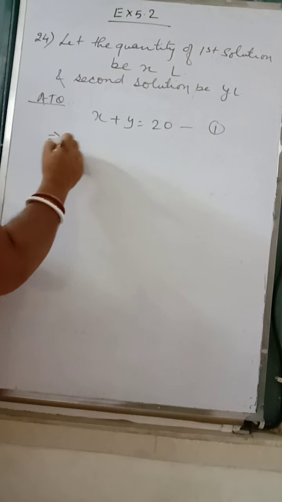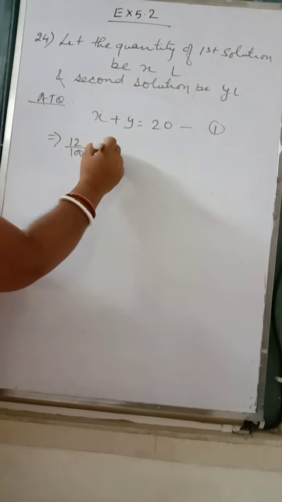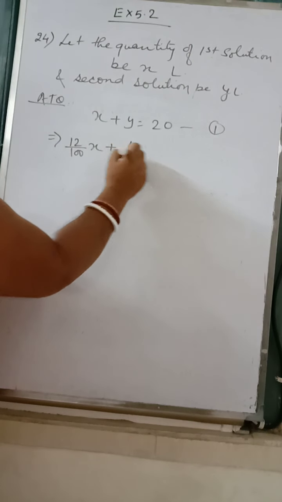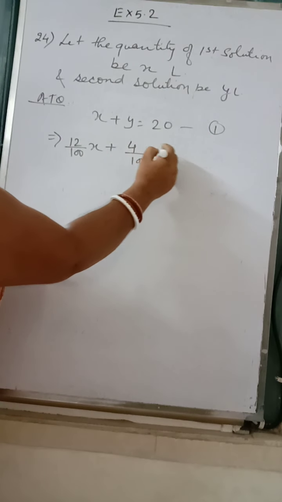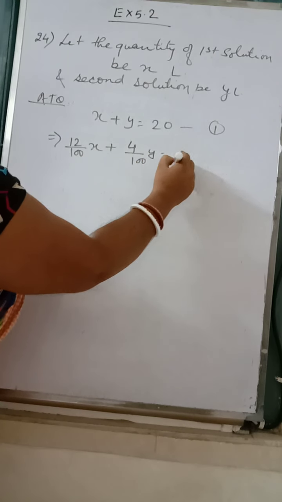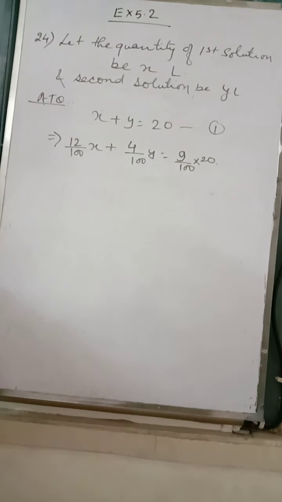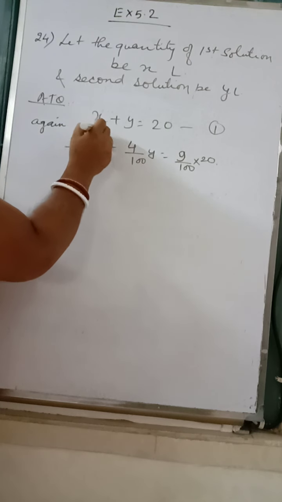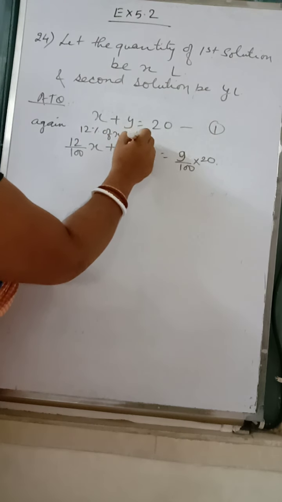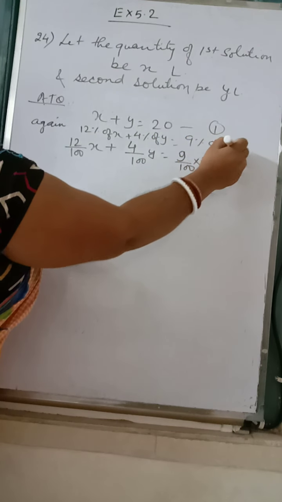And second, it says 12% of the first solution, so 12 by 100 into X, plus 4% of the second solution, 4 by 100 into Y, is equal to 9% of the 20 gallon solution. So 12% of X plus 4% of Y is equal to 9% of 20 gallons.